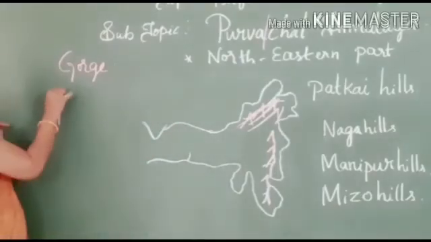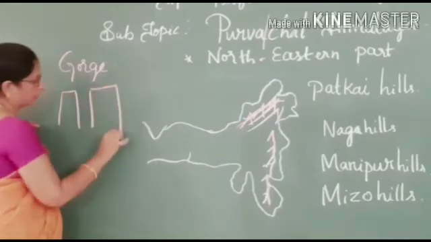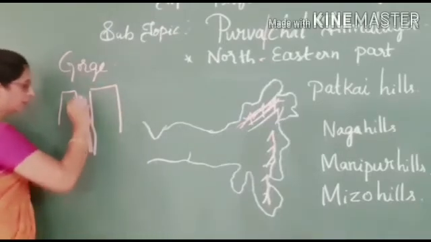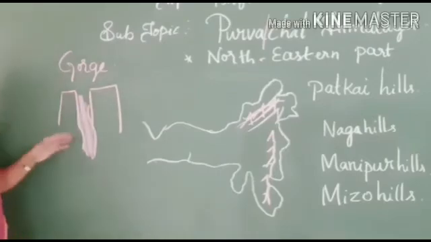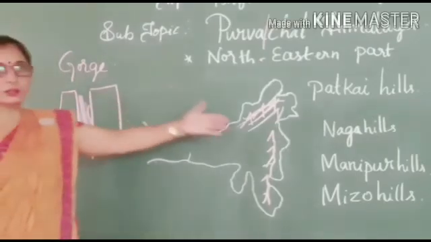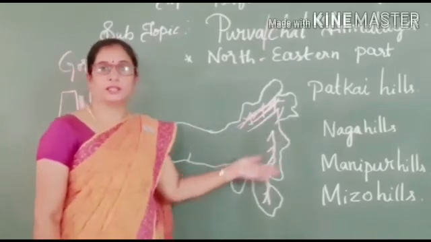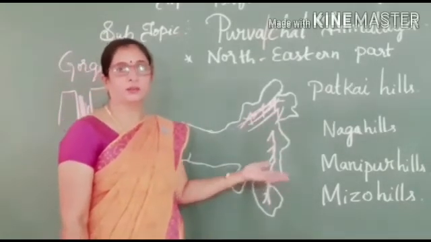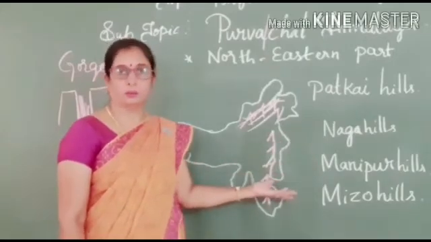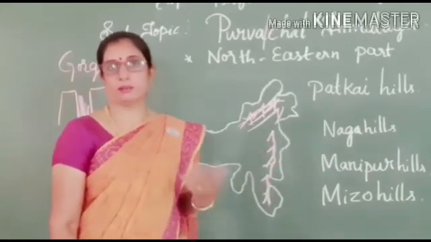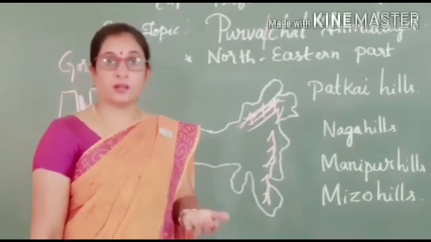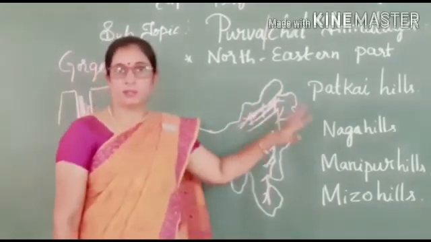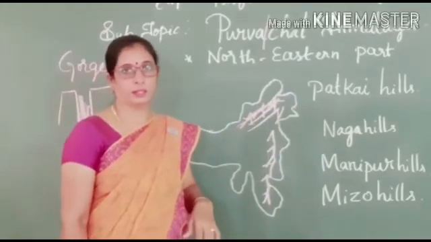It is a river flowing in between two mountains. Many gorges are found here, and it creates beautiful scenery, and there are hill stations too. So the climate is very good, cool, with heavy rainfall and dense forest. Because of this Purvanchal is very famous in India.